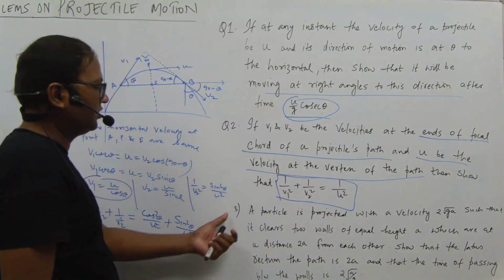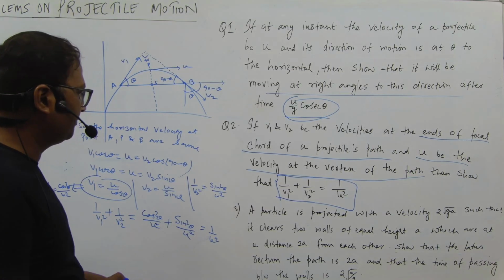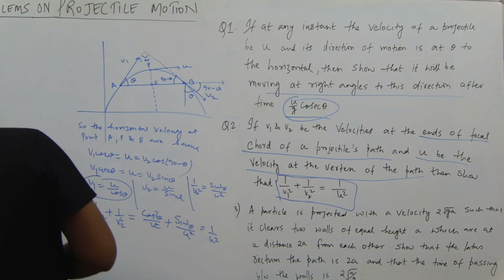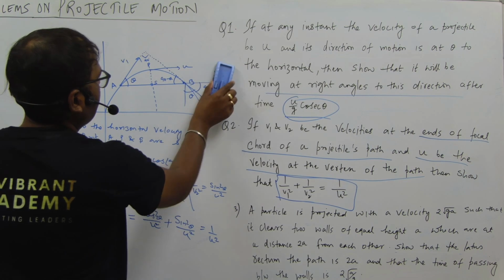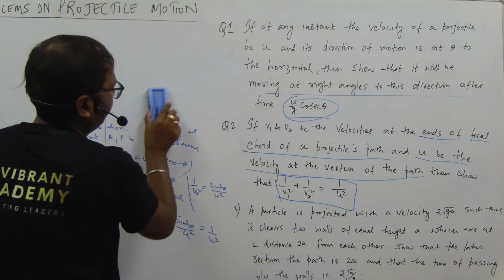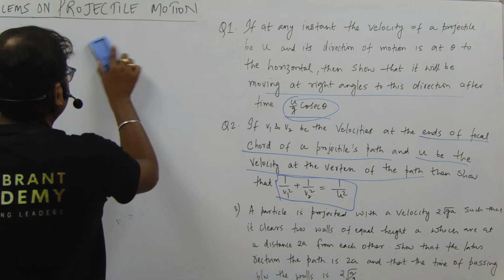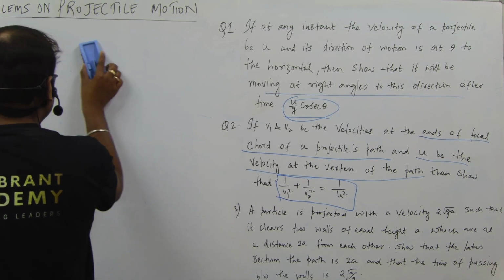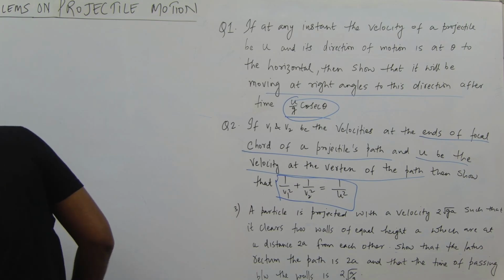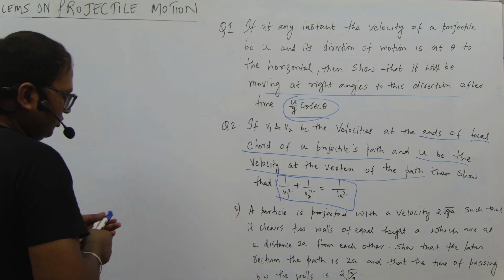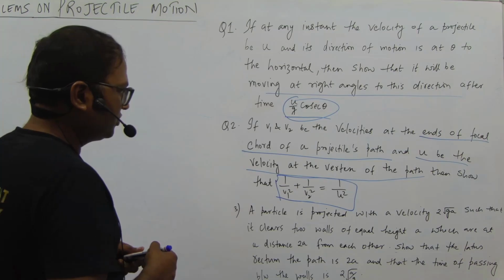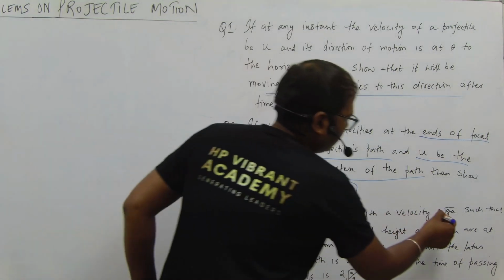Okay, so let us discuss question number 3. A particle is projected with a velocity 2 root under GA.